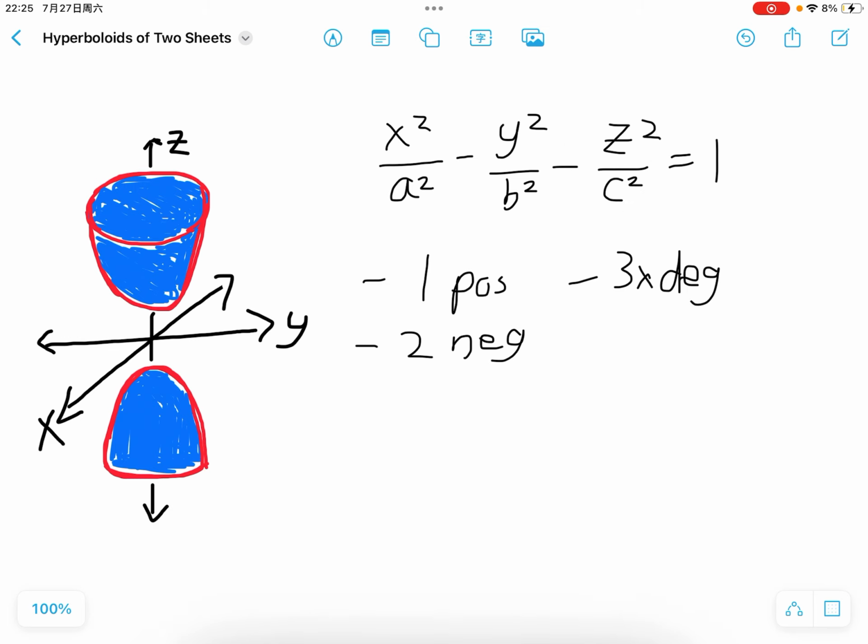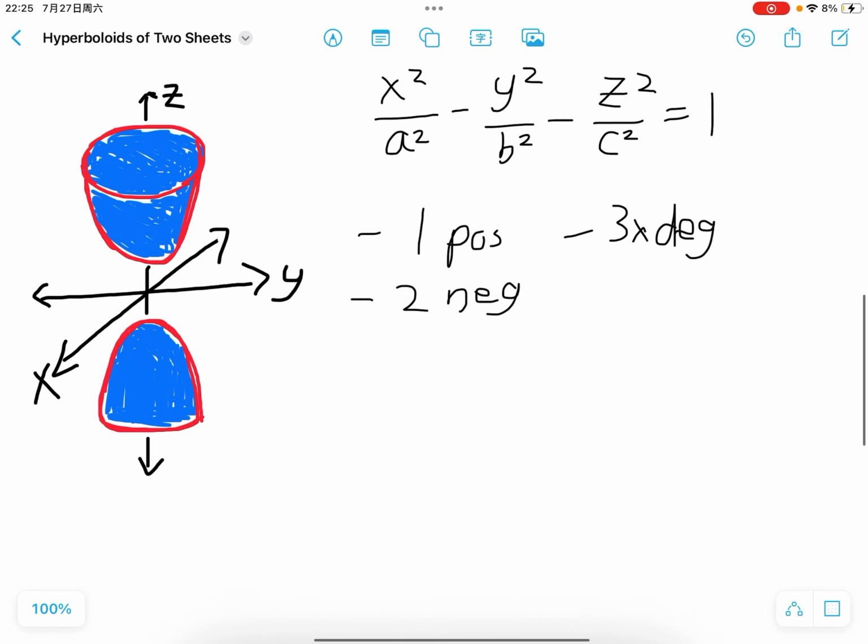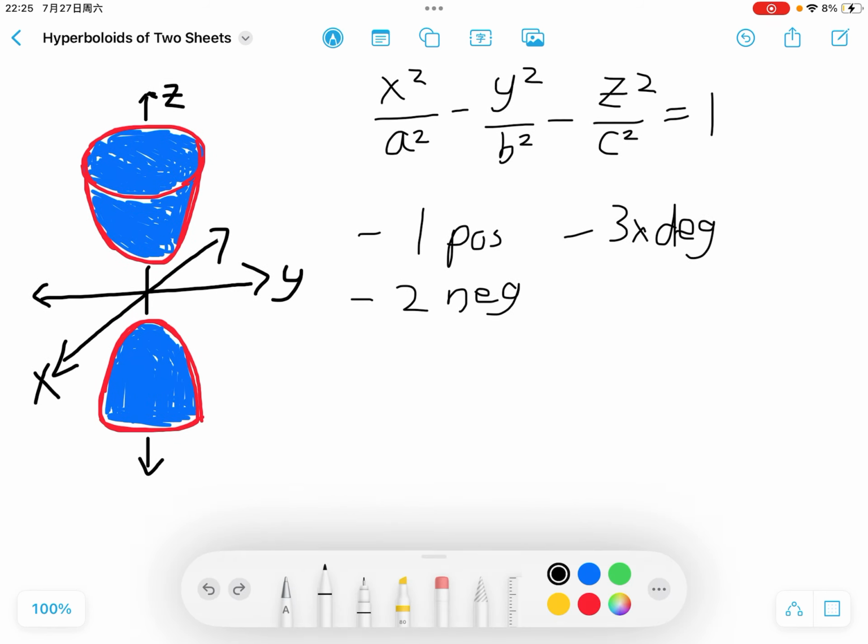So now let's try to graph an example, so you see how to graph a hyperboloid of two sheets. Let's try the equation. Actually I want to graph an easier one.